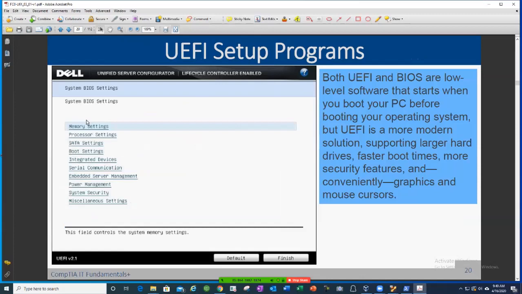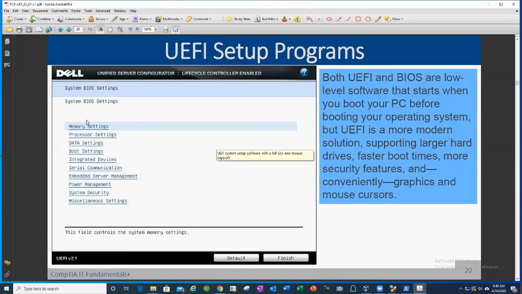So here is a computer with a most modern kind of BIOS setting, called, again, the UEFI setup program. Both the UEFI and the BIOS are, as I said, low-level software that starts when you boot your computer, whether it is a desktop or a laptop.